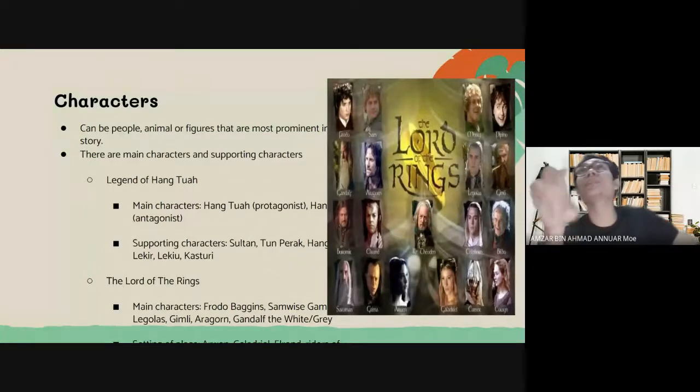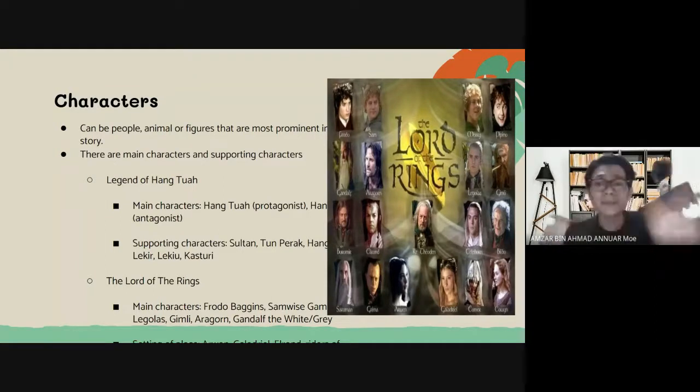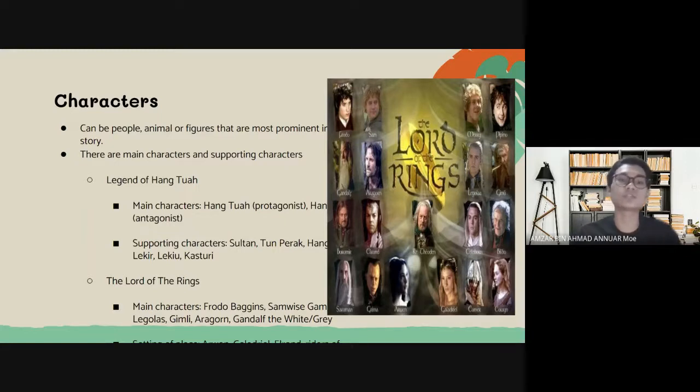If they are most prominent in the story, kalau mereka ni paling banyak dalam cerita tu berkisah pasal mereka saja. The story talks about them. They are the characters. They are divided into 2. One is main character and the other is supporting character. Main character maksudnya watak utama yang cerita tu paling banyak cakap pasal dia. And supporting characters adalah watak-watak sampingan yang dia datang sekejap-sekejap membantu watak utama sahaja.